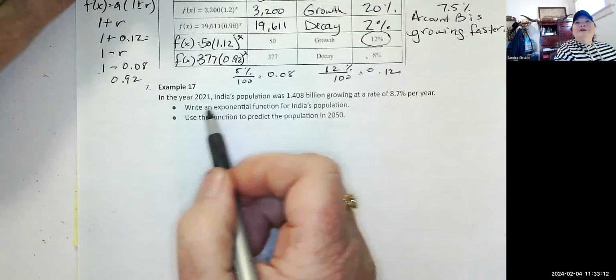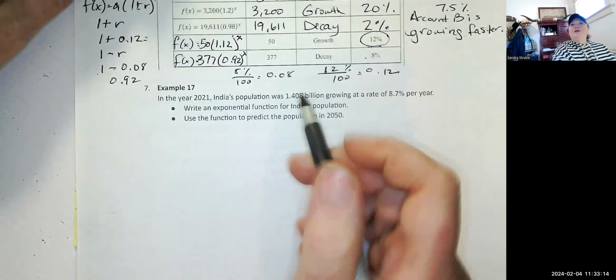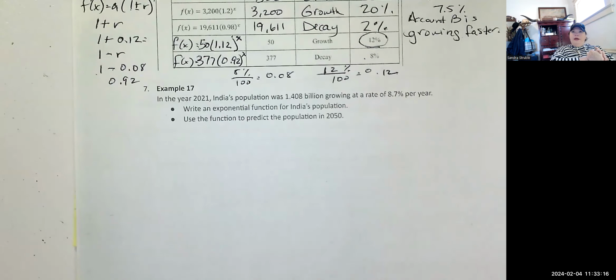All right, in the year 2021, India's population was 1.408 billion, growing at a rate of 8.7% per year. So it's growing exponentially. Write an exponential function for India's population. On my exam, I am not going to tell you to write an exponential function. You're going to have to know that this is an exponential growth.